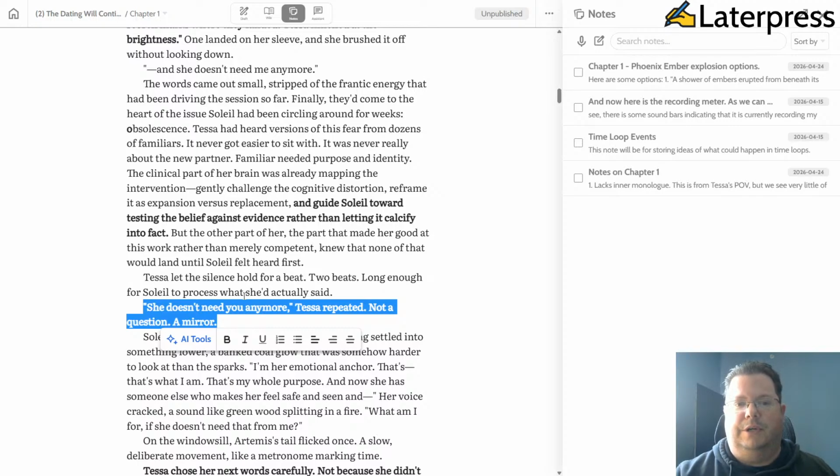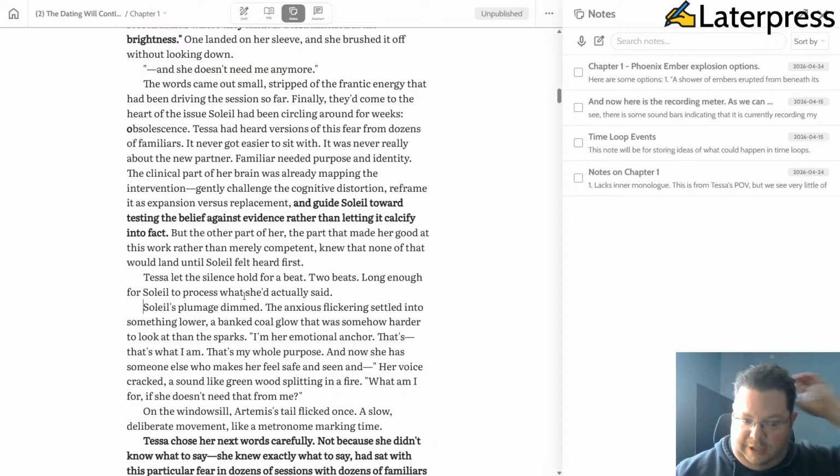I have done it as well in my own writing sometimes, but it is almost always incorrect to do it. I think in my entire book, which is like a 150,000 word epic fantasy, maybe I did it once or twice, but I consider it almost always a wrong move to repeat the same line of dialogue twice. And we're letting the silence linger for a beat, so I think that entire paragraph gets cut.